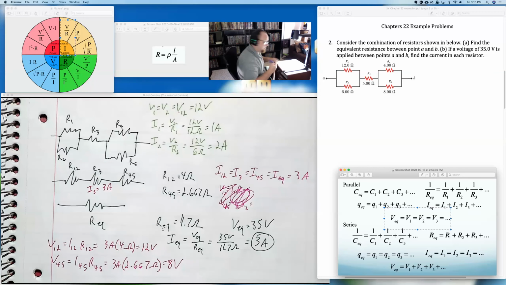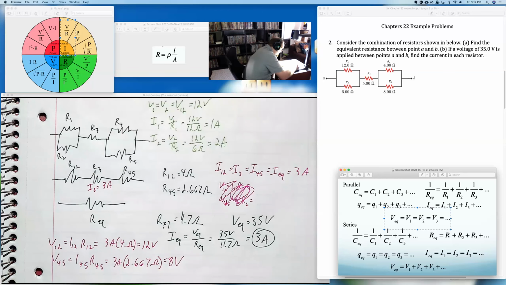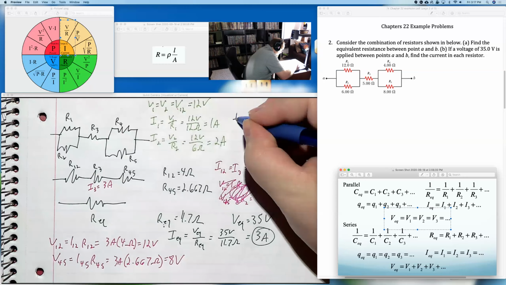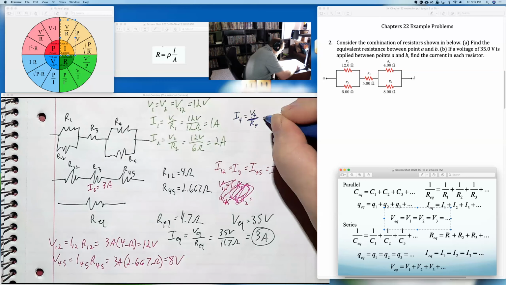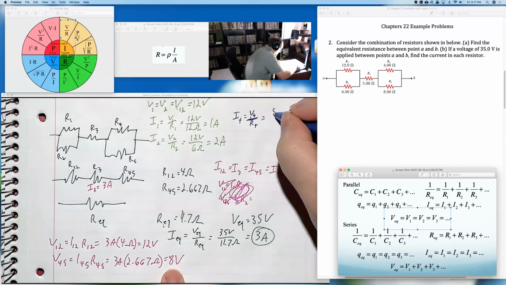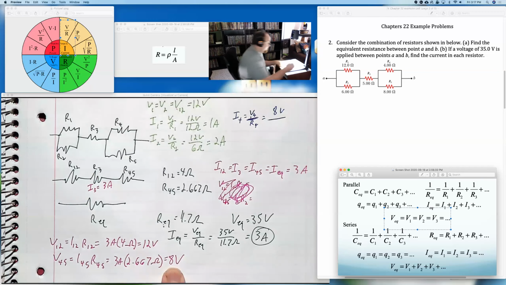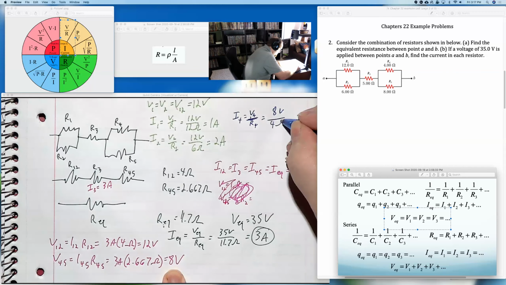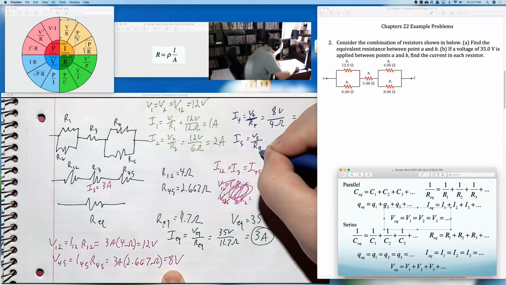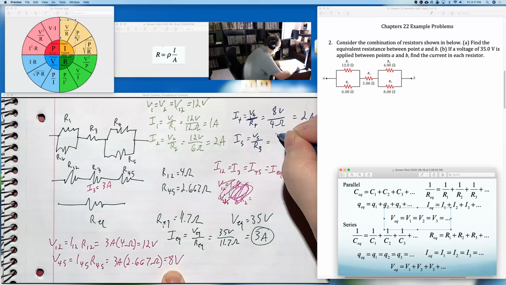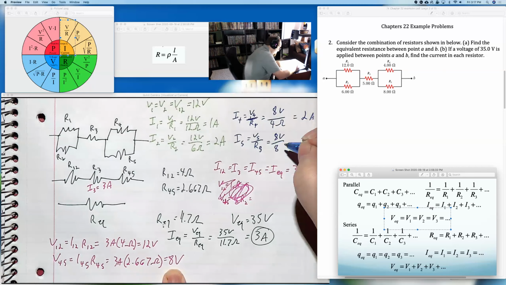Likewise, I can do the same thing for my 4 and 5. I4 equals V4 over R4, which was 8 volts over 4 ohms. I5 equals V5 over R5, which is 8 volts over 8 ohms.